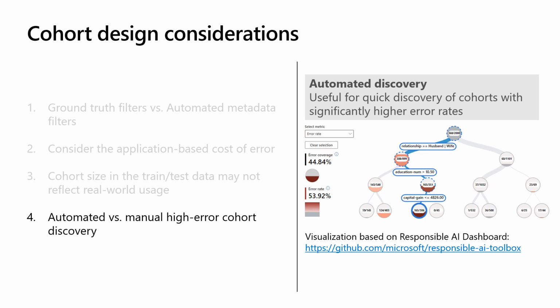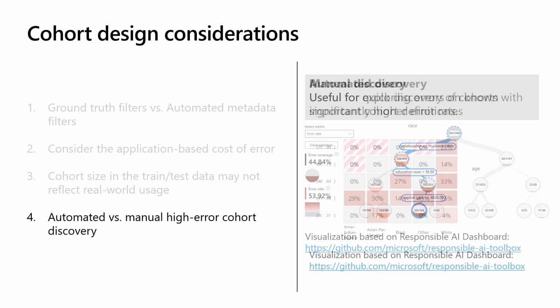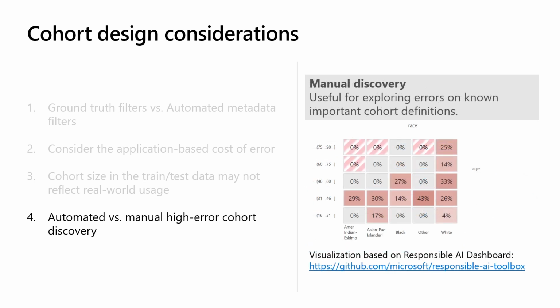Now, this does not, however, mean that these are the most important parts of the data or model to focus on from an ethical or application cost point of view. And that is why it is also a good idea to do some manual and exploratory search on dimensions that are important for the application.